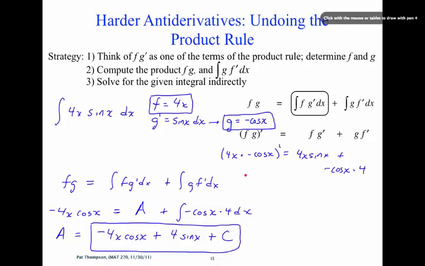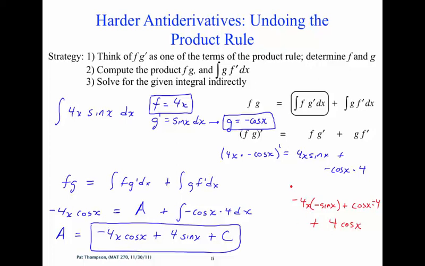So let's do that real quick. We're going to take the derivative of this. How do we take the derivative of this first part? Product rule. First times the derivative of the second, plus second times the derivative of the first, plus the derivative of 4 sine x, which is 4 cosine x.